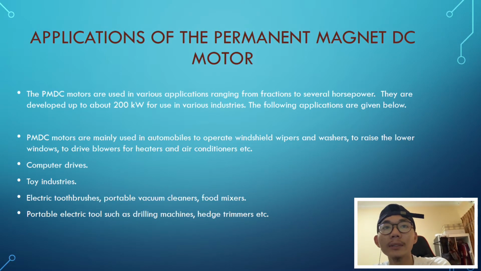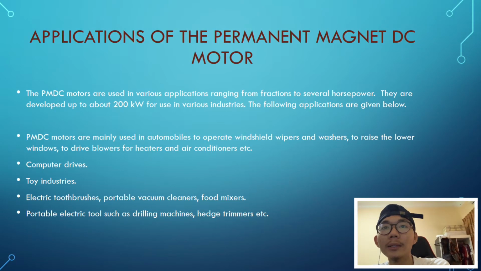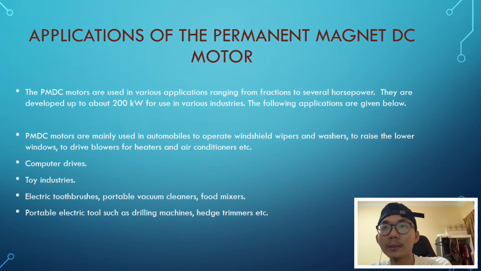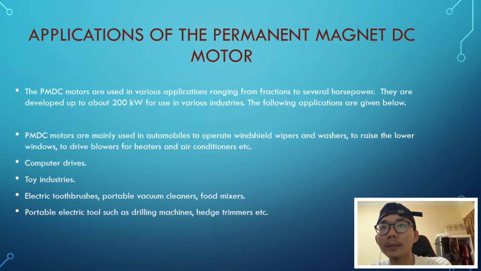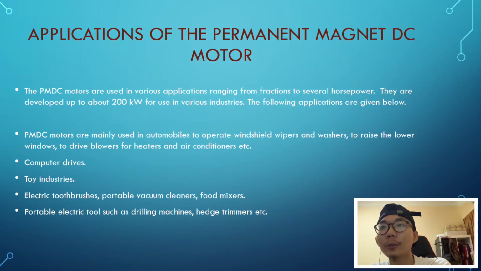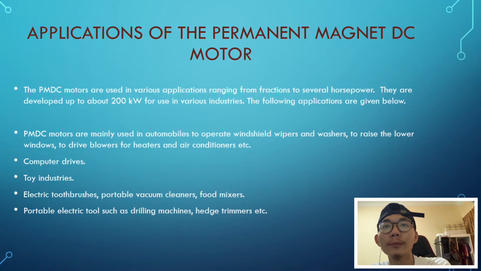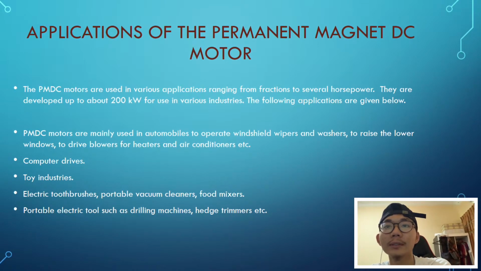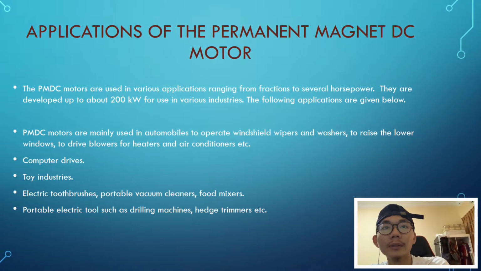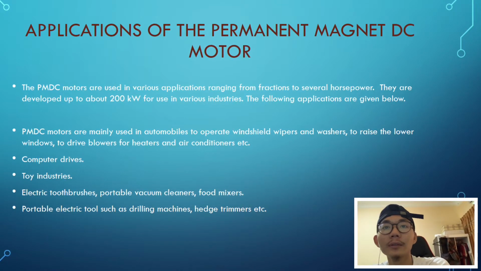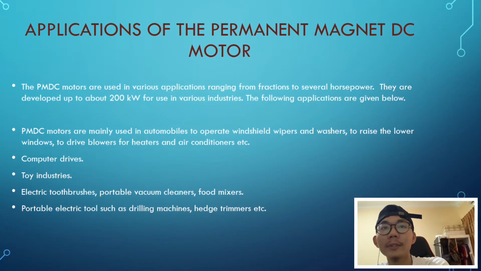The PMDC motors are mainly used in automobiles to operate windshield wiper and washer, to raise and lower windows, and to drive blowers for heater and air conditioner. For example, they are also used in computer drives.